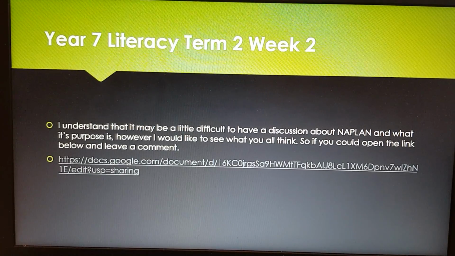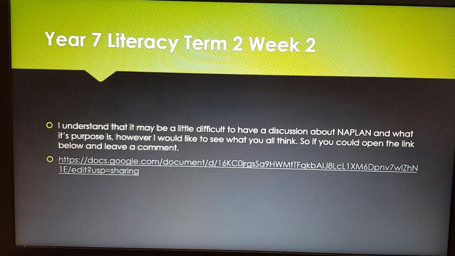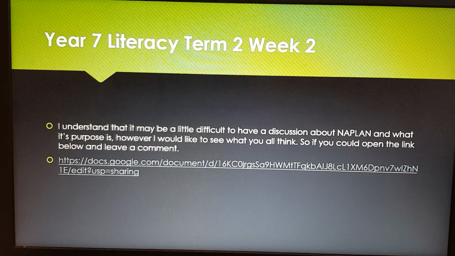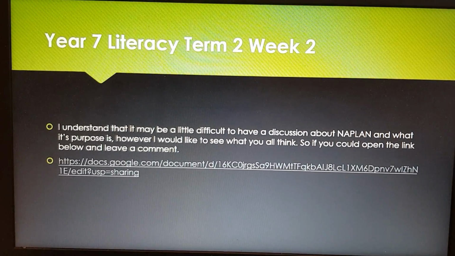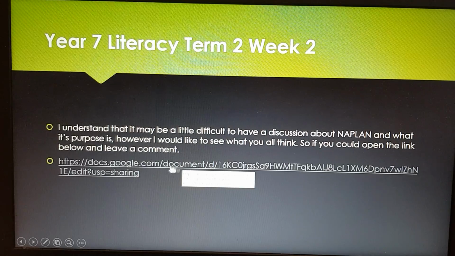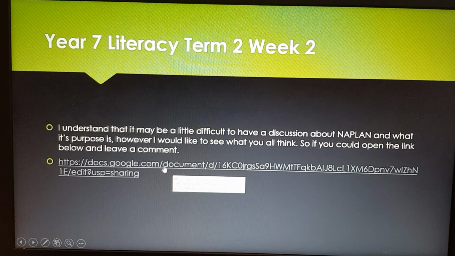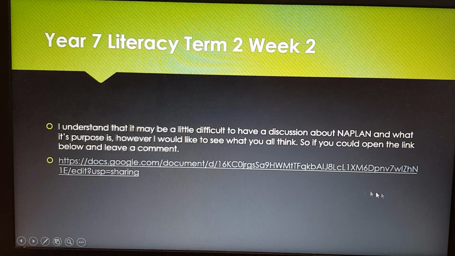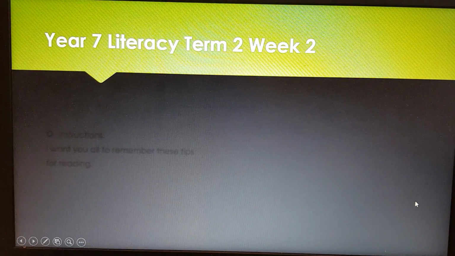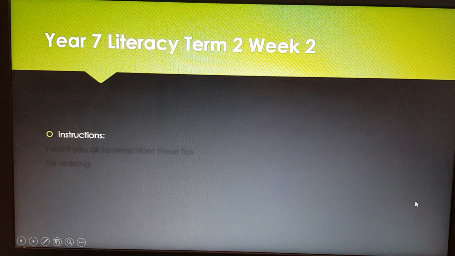Why is it important to do your best? What students need to do to be successful? And what do you remember from your grade 5 NAPLAN? So if you click on the link here, I would like you to add to that shared document, and just type into there and add your comments. That would be fantastic.